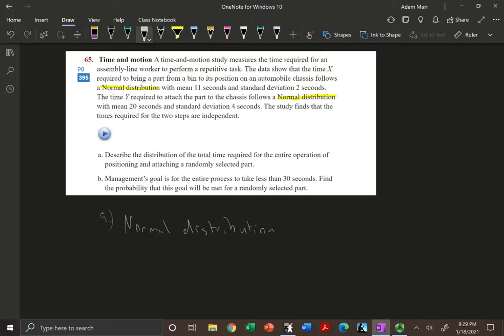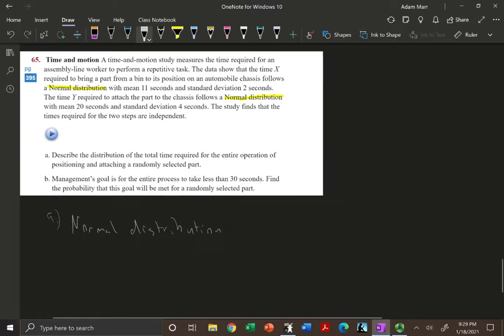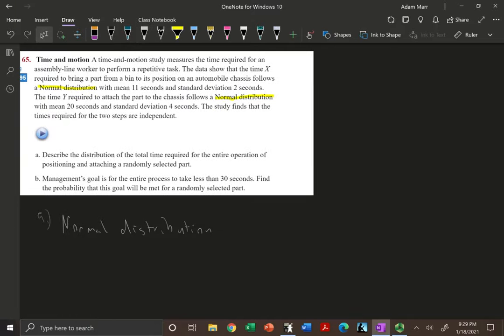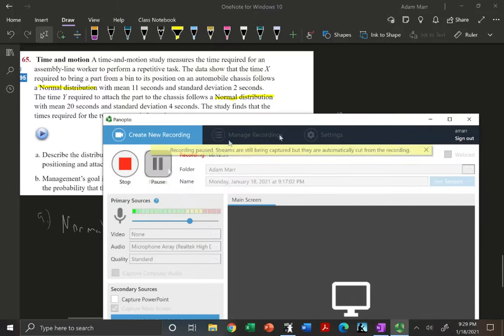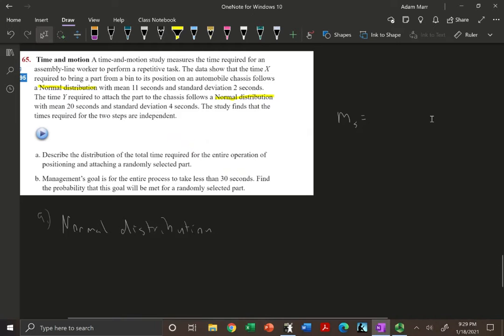Okay, so the mean is easy. Let's do the work right here for the mean. The total time is just going to be the sum, S. We're just going to add it up.